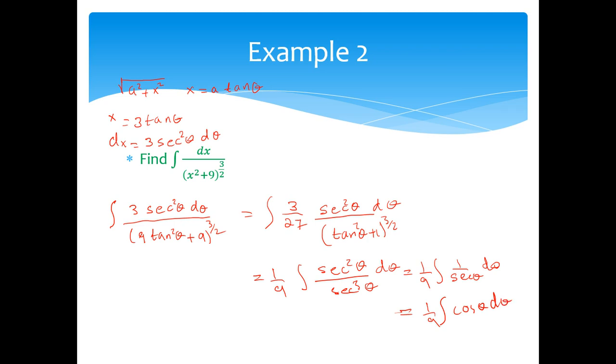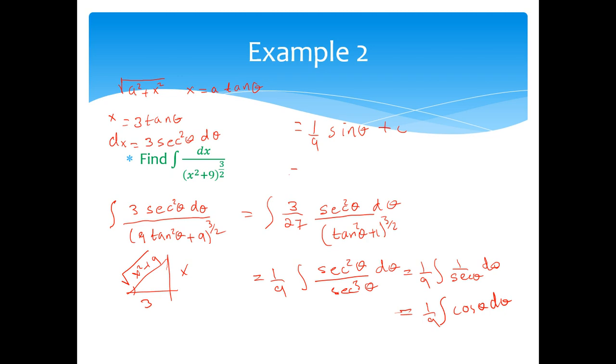So when we integrate that, we get 1 over 9 sine theta plus c. Then when we go back to our triangle, here we have x, and here we should have the radical of x squared plus 9.